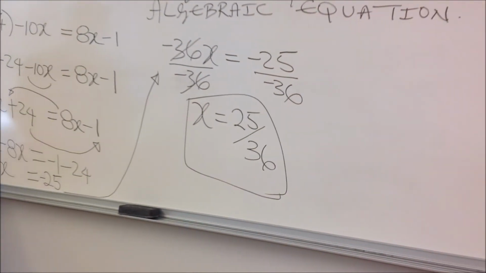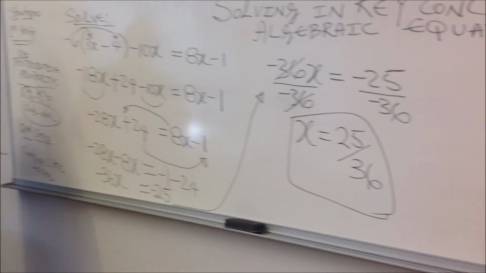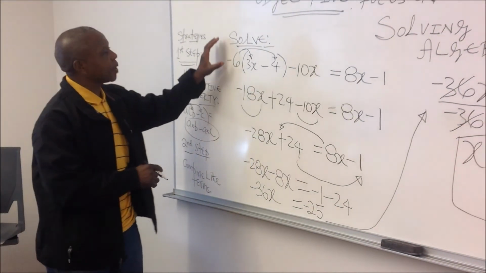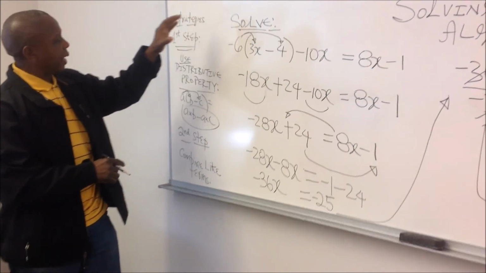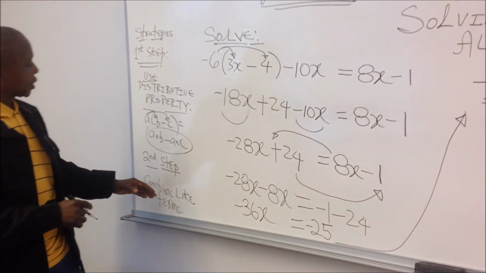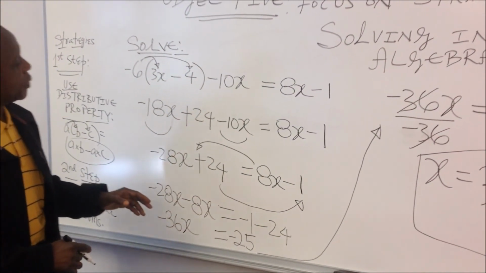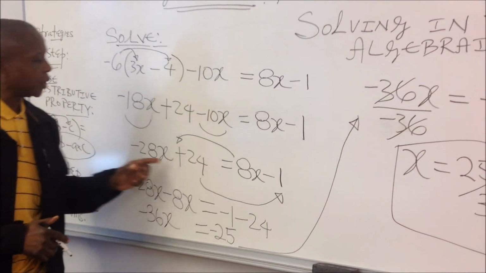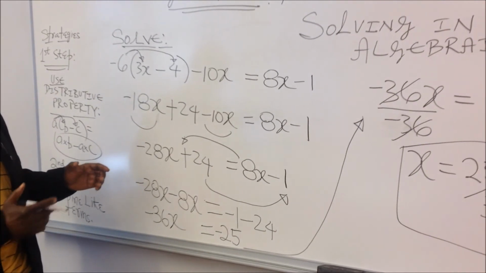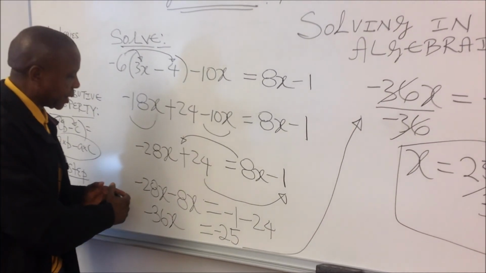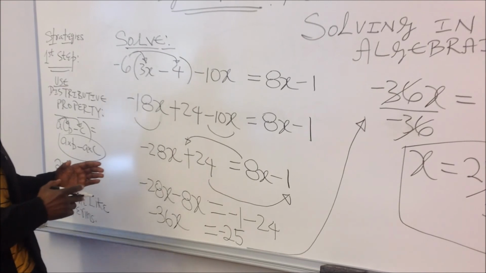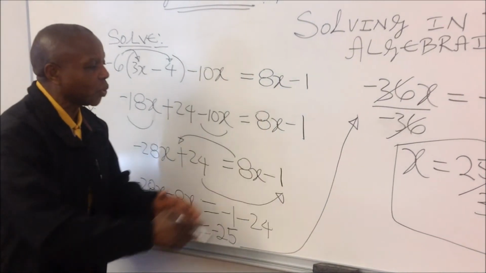Okay? So, step by step. First, we use the distributive property. And then, the next thing, we had to combine like terms. The next thing we did was, when we got to this point, we have to bring the variables together on the left side of the equation and bring the numbers together on the right side of the equation.